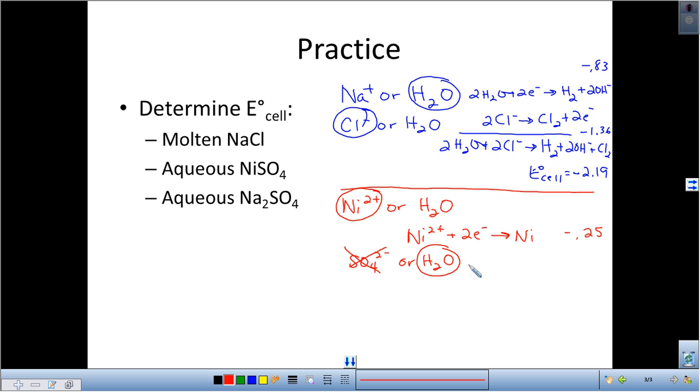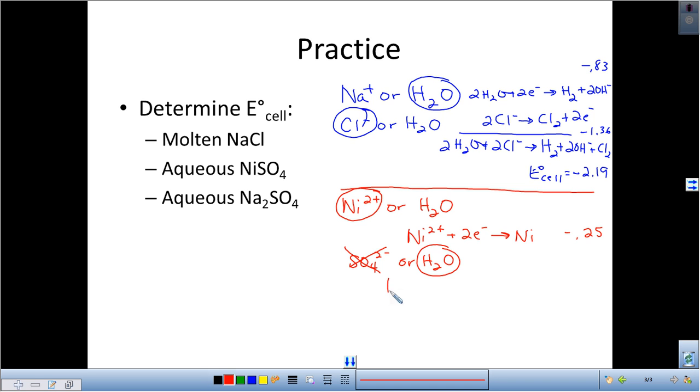Why does the water have to be oxidized? Well, we already know the nickel is reduced, so the other thing has to oxidize. So we're going to go find the oxidation reaction for water, which is the top one. The top one is the only one that you can flip and make water a reactant.